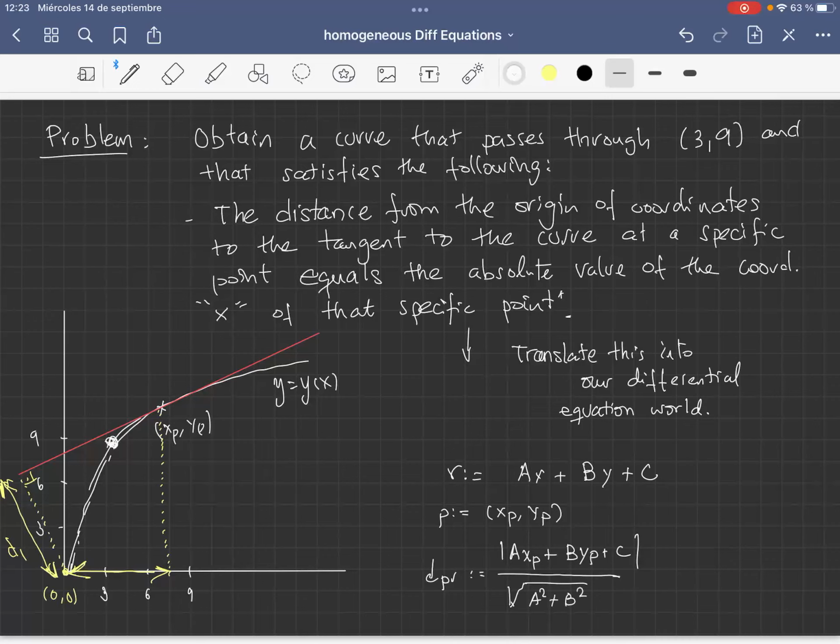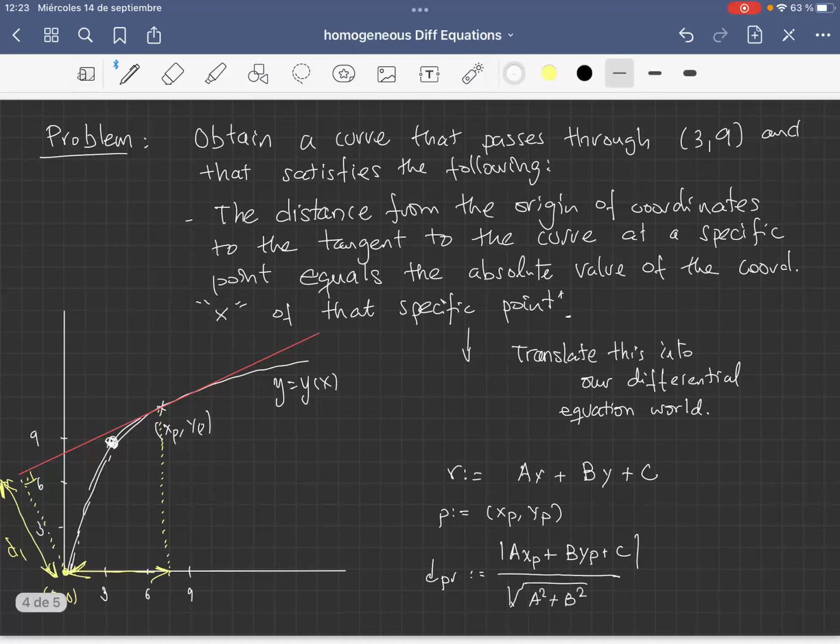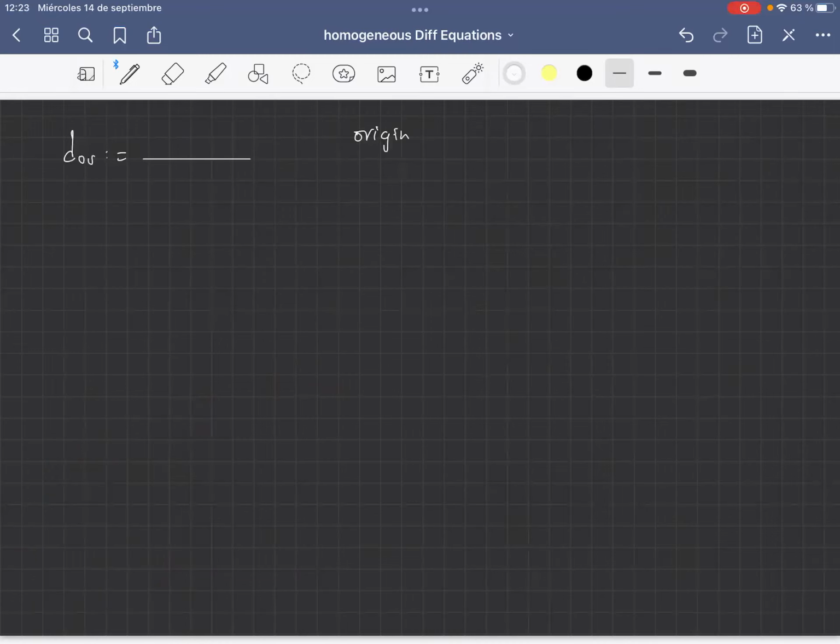That's simple mathematics from high school. Now we are studying the origin, so the distance from the origin to any line R will be very simple, because the origin is (xp, yp) = (0, 0).